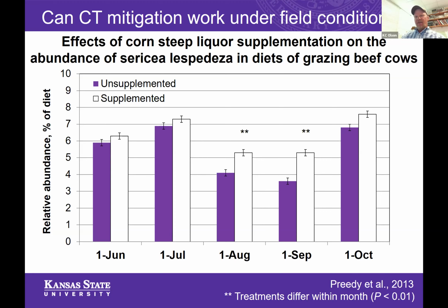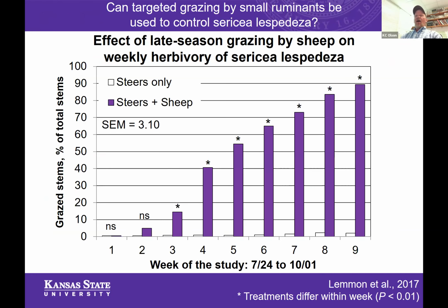So we got some control of Sericea, but we didn't get any measurable benefit in terms of animal performance. So we did not see large-scale adoption of that approach. The next thing we looked at is we know that small ruminants like goats are much more tolerant of condensed tannins than beef cattle are.